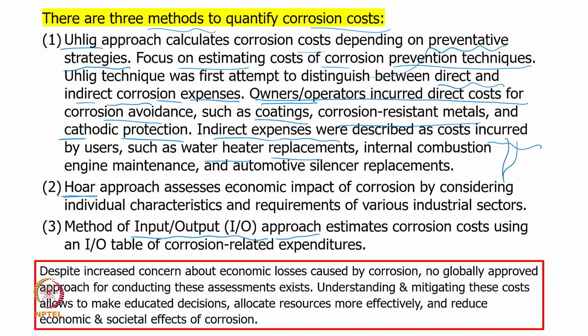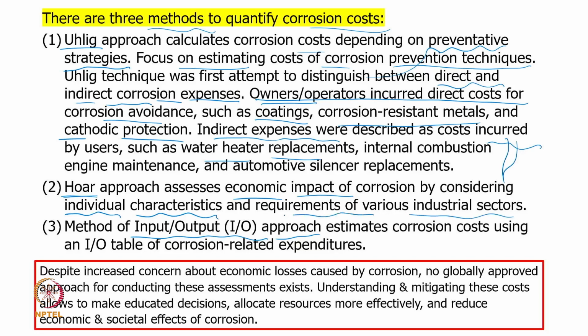In the case of the Hoar approach, they thought over the economic impact. Because some sort of failure has happened, what will be the impact on others also? Instead of going for the complete system, they try to look at the individual characteristics and individual requirements, particularly for various sectors.